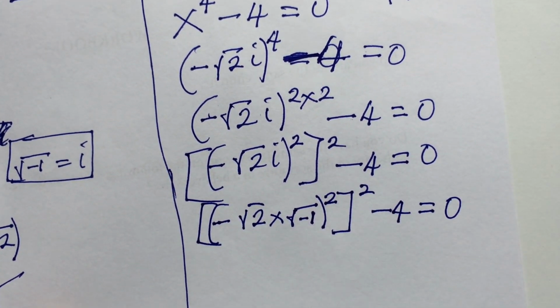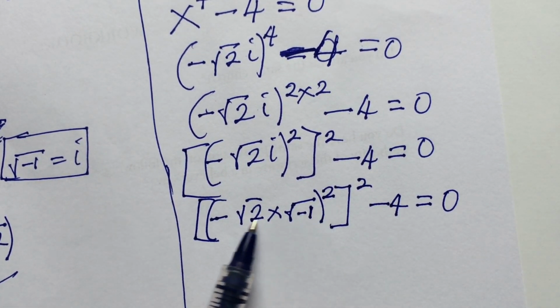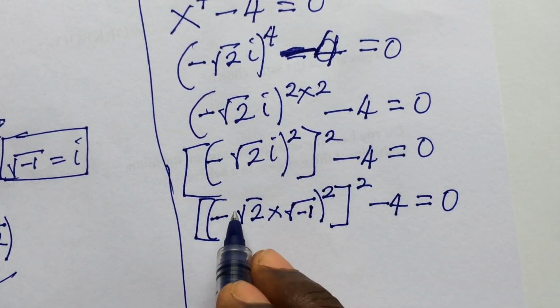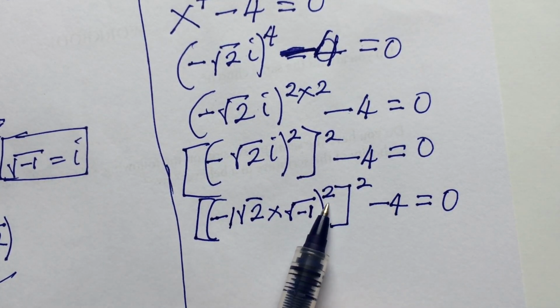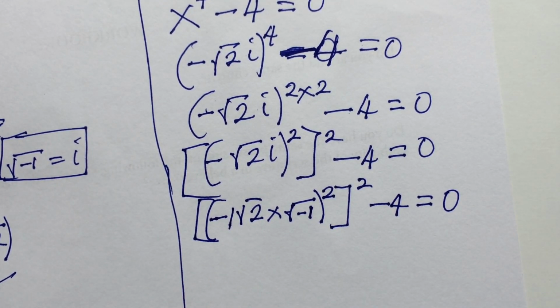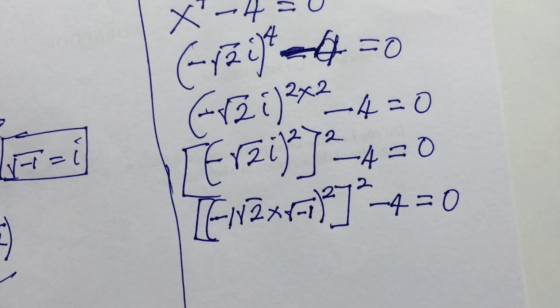Very easy. Now, if we use this inner power to open up everything we have here, we have an invisible 1 here. So the square of minus 1 will give us positive 1. Then the square of root 2 will give us 2.